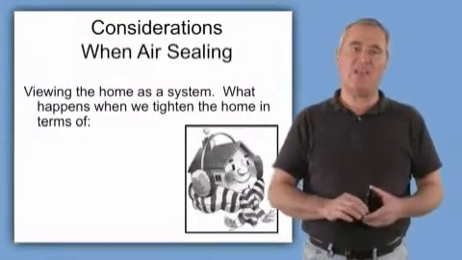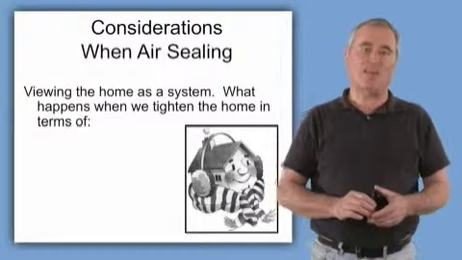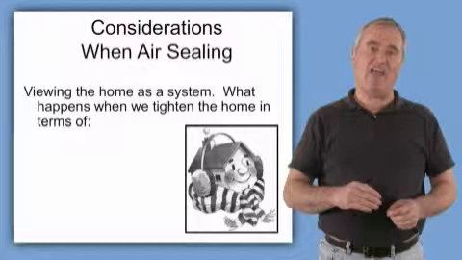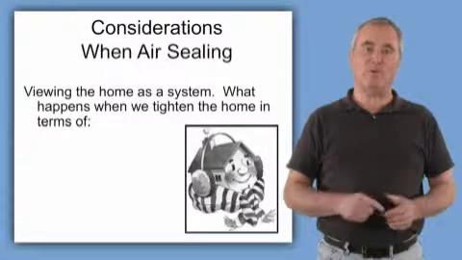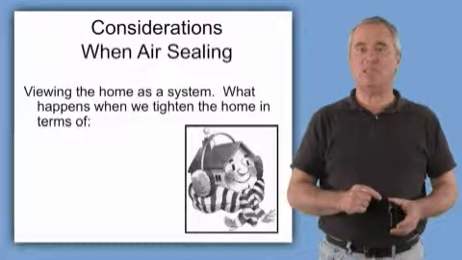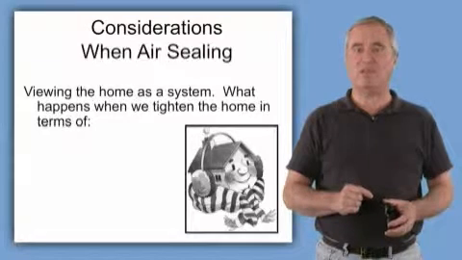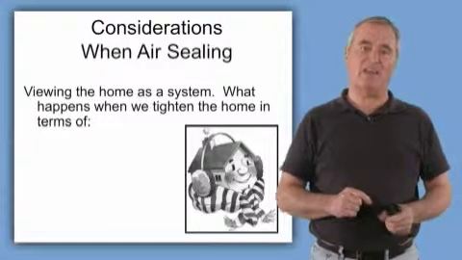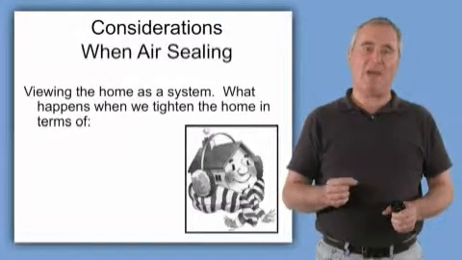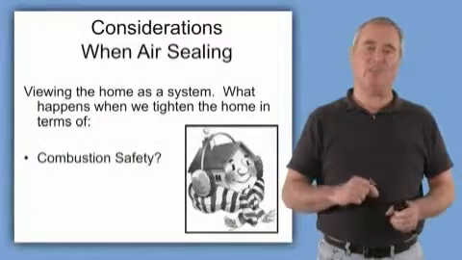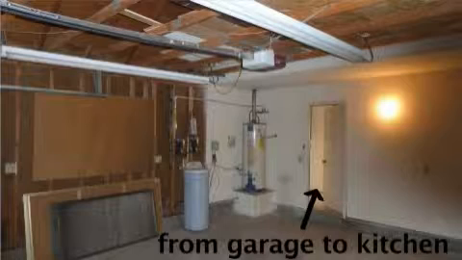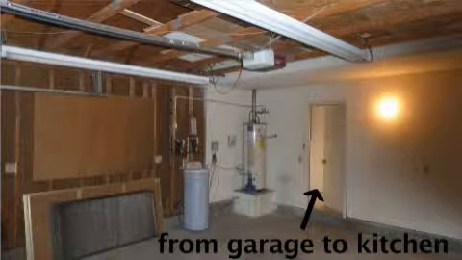So one thing that we have to be cautious of as we air seal buildings is that it can have a negative impact on other building features. As we air seal or tighten a conventional building, what happens to the combustion safety in that building? As we tighten it up, we make atmospherically vented combustion appliances that are located inside the house potentially more dangerous. They don't have as much free air communication with the outside.